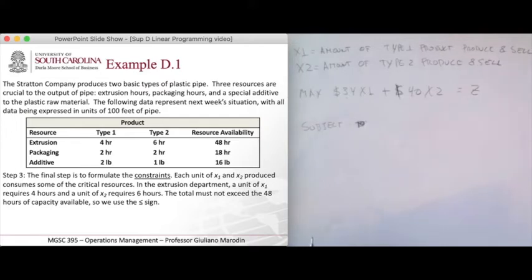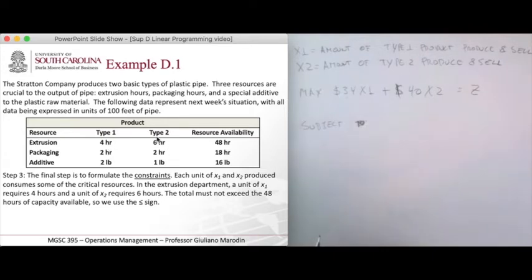Anyway, so what are the constraints? What things constrain my process? Well, the resources constrain the process, right? I can only have 48 hours of extrusion. Okay, so that's one constraint, but how do I write the equation to know if I'm going to hit that constraint or not? Well, for every X1, I know that it'll take 4 hours.